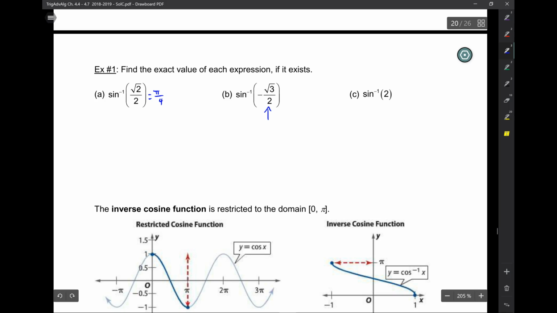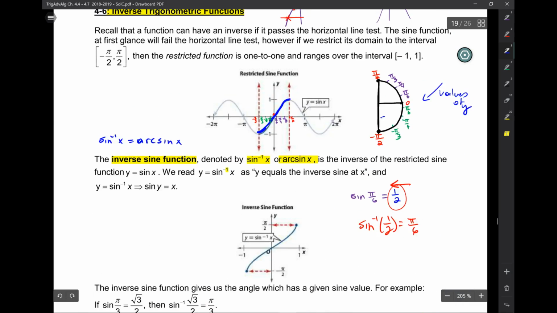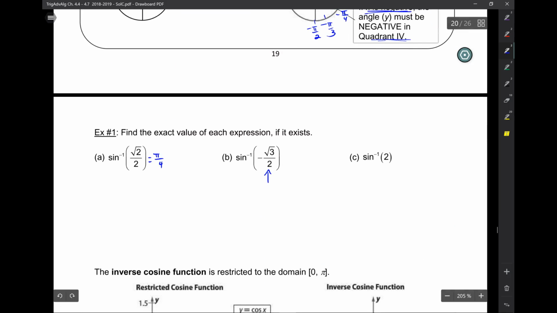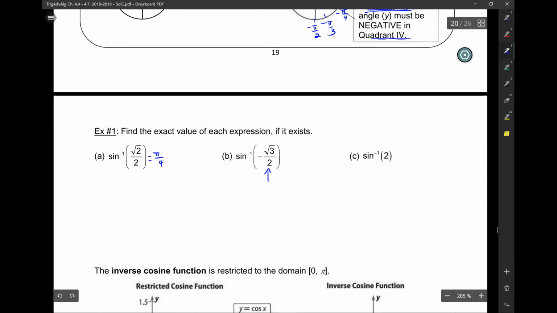Inverse sine of negative root 3 over 2. For which one of these angles are you going to get negative root 3 over 2? Negative pi over 3, right?